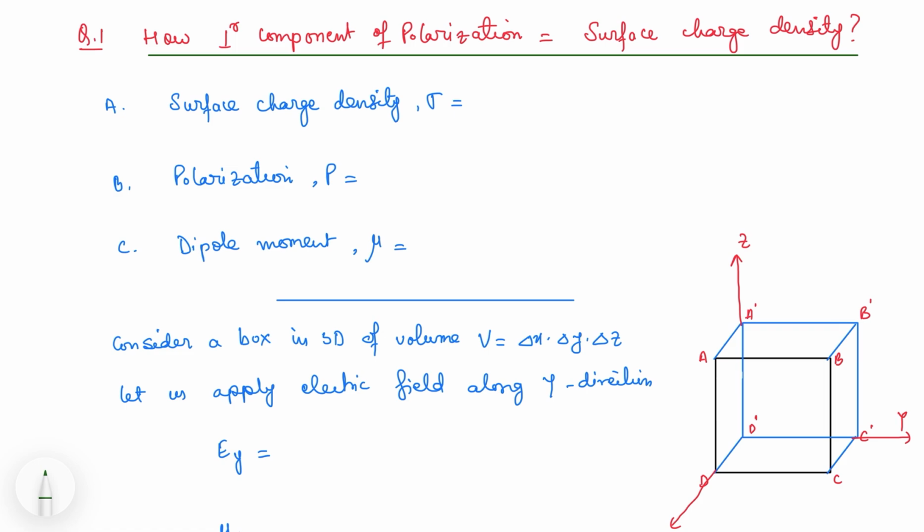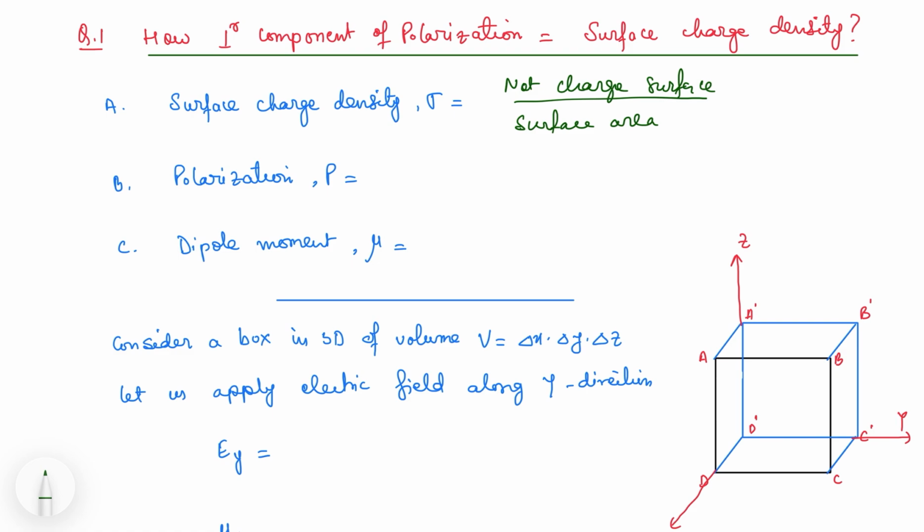Why so, right? So let us first recall what surface charge density is, which is usually denoted by the symbol sigma. Surface charge density is nothing but the net charge on that surface divided by the surface area. So this we all know. What is polarization?